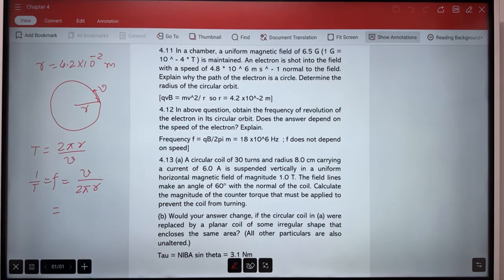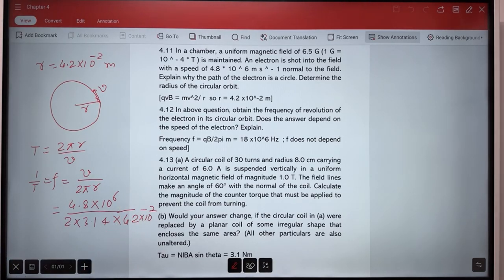So let's put the values. V in our question is given as 4.8 into 10 power 6. So 4.8 into 10 to the power 6 divided by 2 into 3.14 into the radius we have got, 4.2 into 10 to the power minus 2.